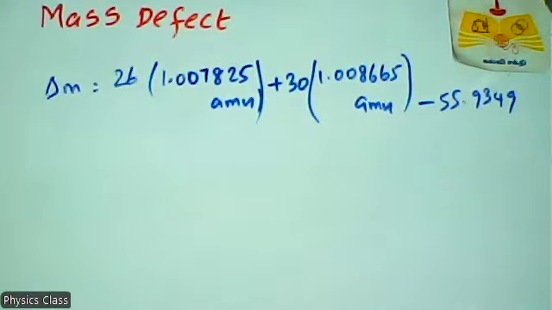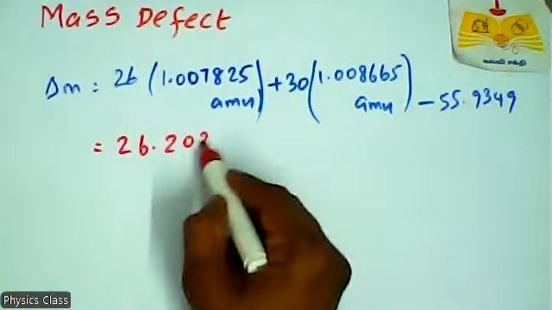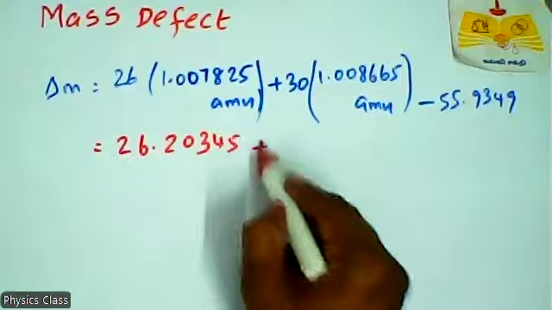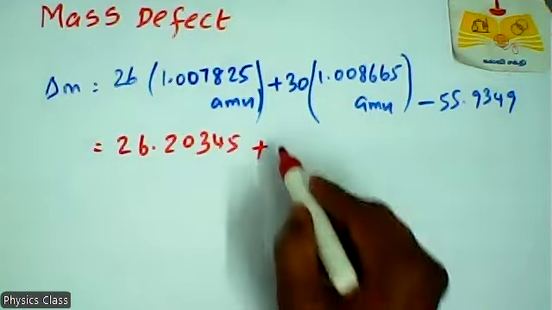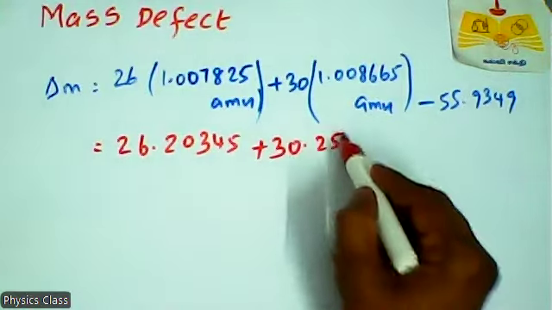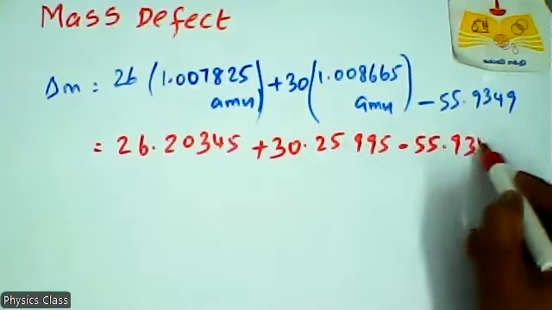First of all, multiply 26 into 1.00785, which gives 26.20345. And multiply 30 into 1.0086665, which gives 30.25995.